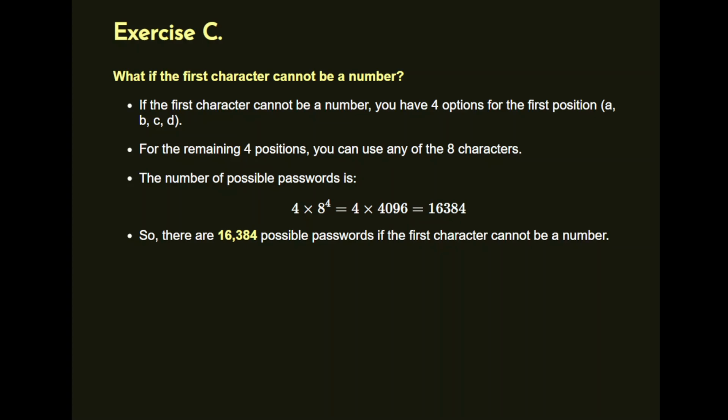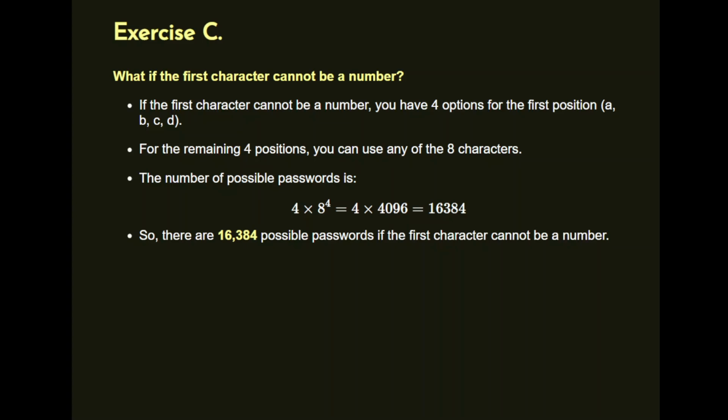So the number of possible passwords is 4 times 8 to the power of 4, which covers the second, third, fourth and fifth characters. That is 4 times 4096, which is 16,384. So there are 16,384 possible passwords if the first character cannot be a number.